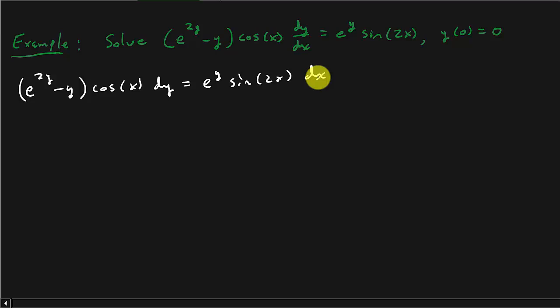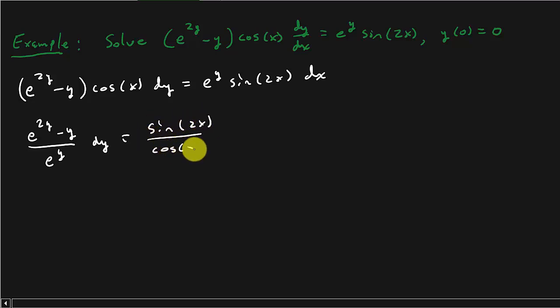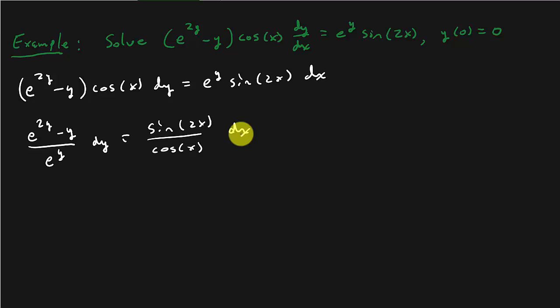And so now we're going to have e to the 2y minus y over e to the y dy equals sine 2x over cosine x dx. All right, so now we've got to integrate this, and that's probably going to be what you have trouble with the most, actually integrating this stuff.